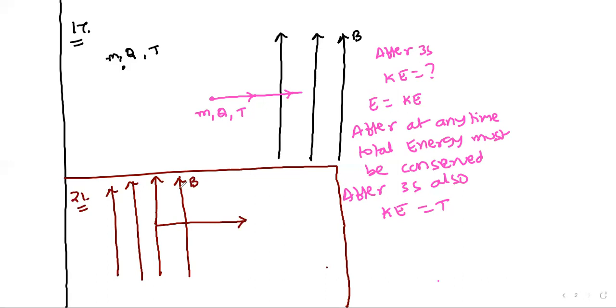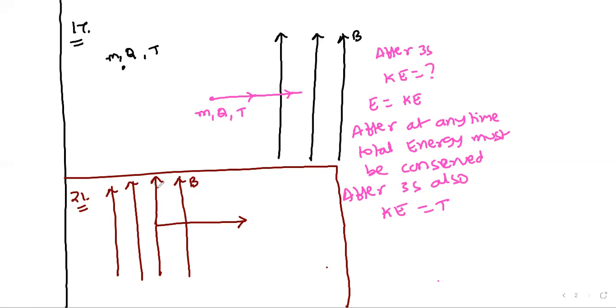A positively charged particle moving due east enters a region of uniform magnetic field directed upwards. Then we need to find what the trajectory of this path is.